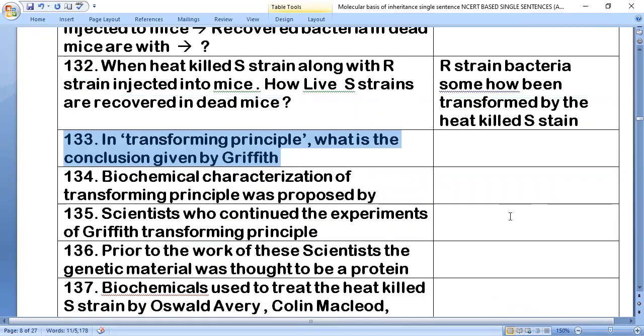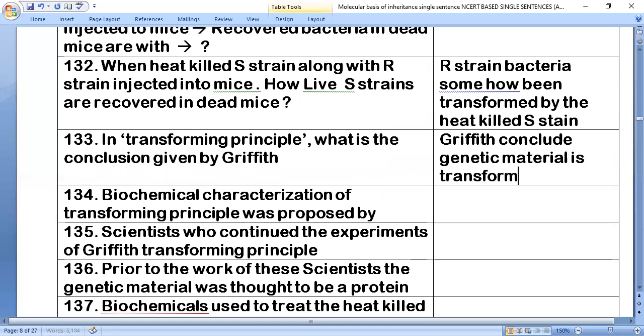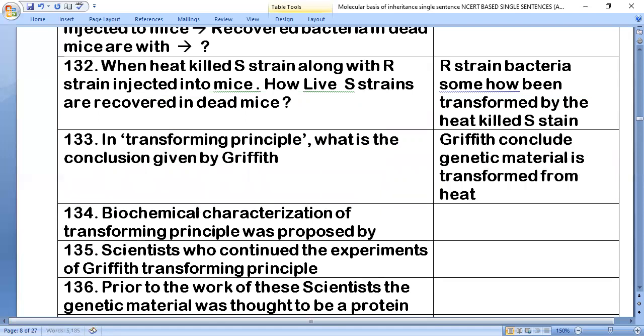In the transforming principle, what is the conclusion given by Griffith? Griffith concluded genetic material is transformed from heat killed S strain to R strain.